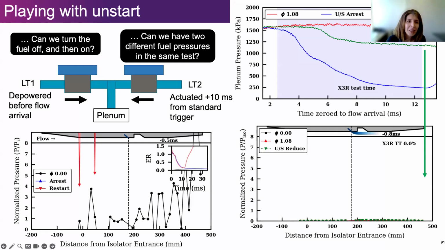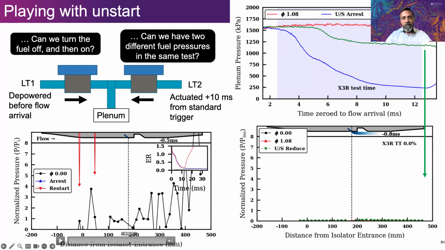Yeah. So we had two valves that we are using to control the fuel that goes into the plenum, right? So in one case, we actuated it such that it shut off the fuel completely. So we can see if I play this movie here.